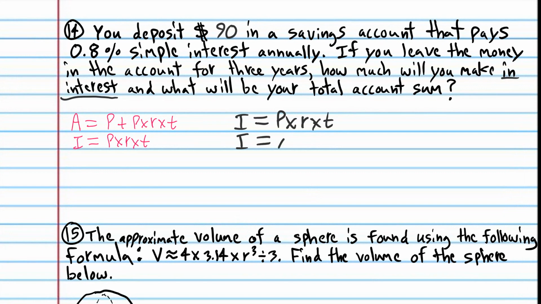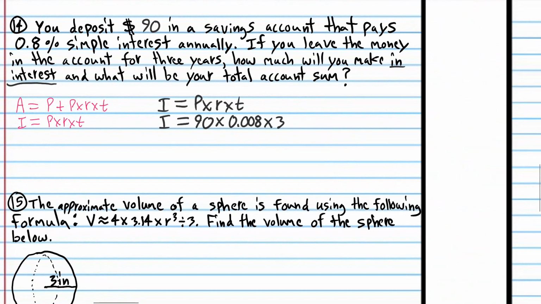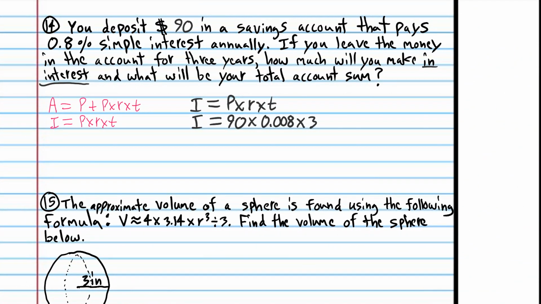The principal is how much you're depositing. R is the percent written as a decimal. You must write the percent as a decimal or else you're going to get the wrong answer. So I move the decimal 2 places over. And then T is the amount of time you leave it, and that's 3 years, so times 3. So this is an application of the order of operations agreement.